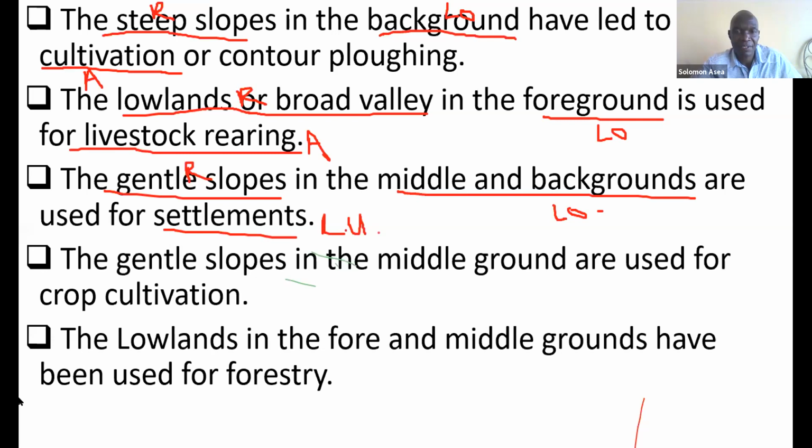Then the lowlands in the middle ground have been used for forestry. As we will reflect back on the photograph, forests. So forestry is the activity. Lowland is the physical factor, which is the relief.